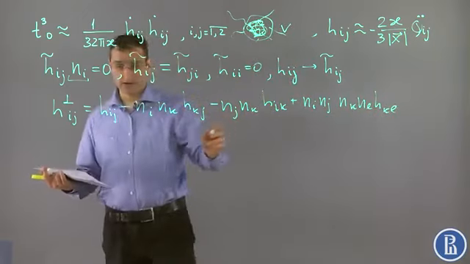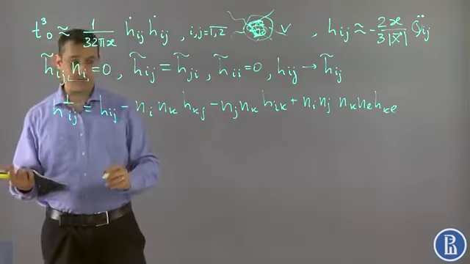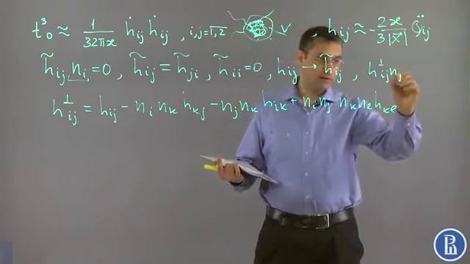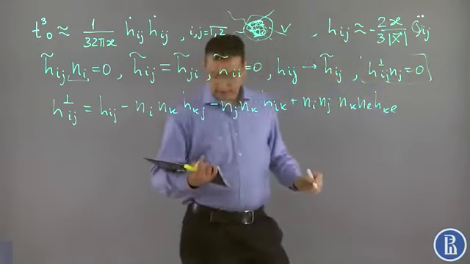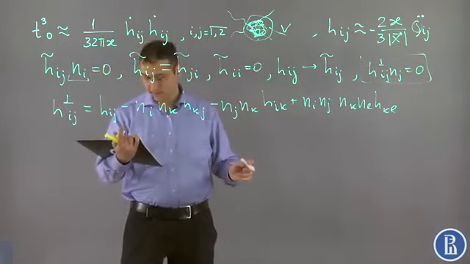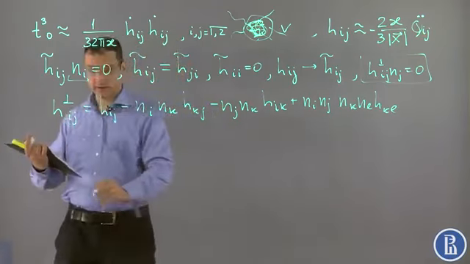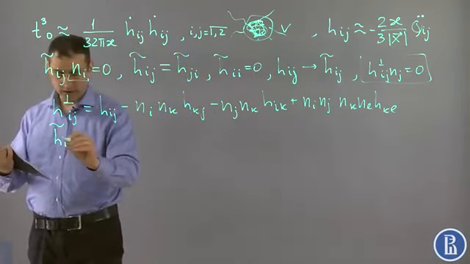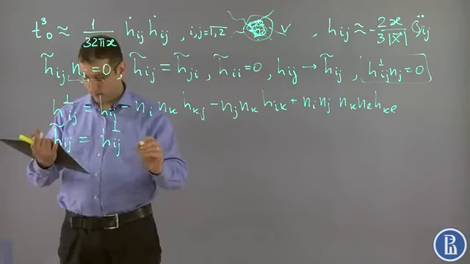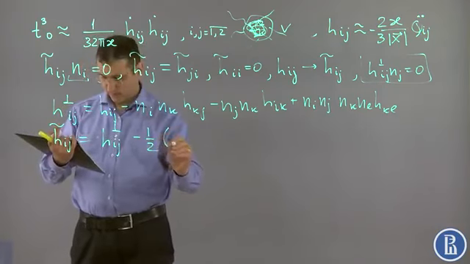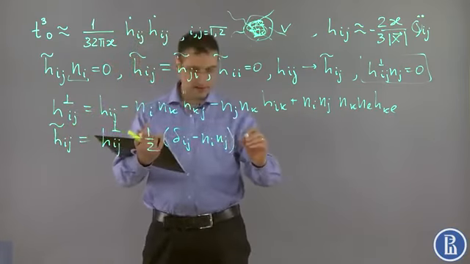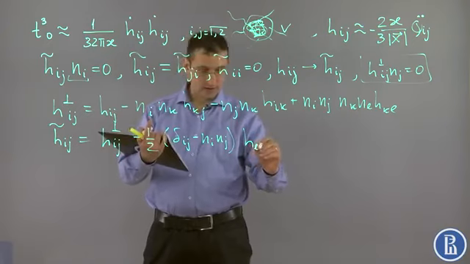One can easily check that this h perpendicular ij is perpendicular to n. Then the transverse traceless part of it, h twiddle ij, is hij orthogonal minus 1/2 delta ij minus ni nj times hll orthogonal.